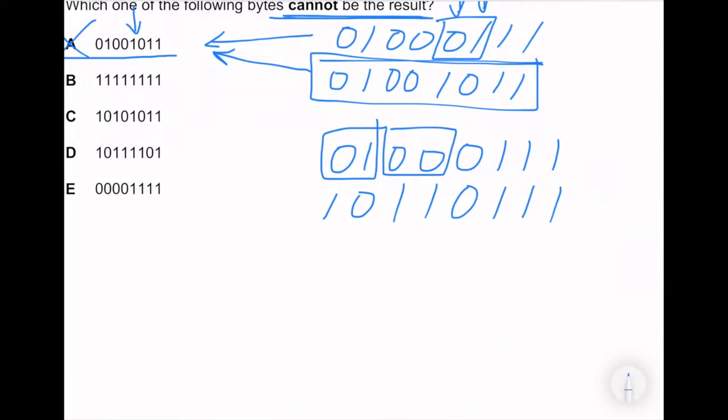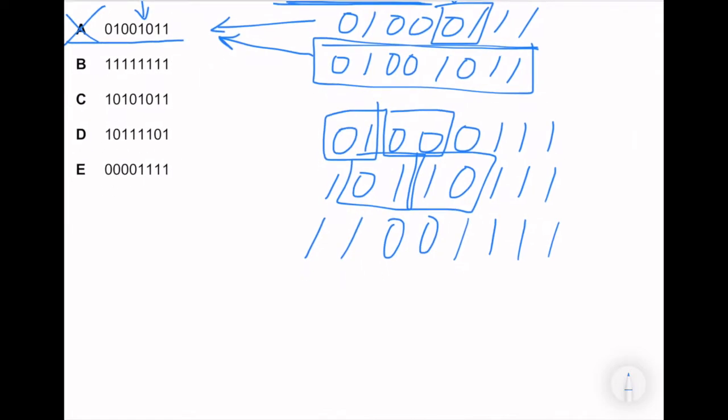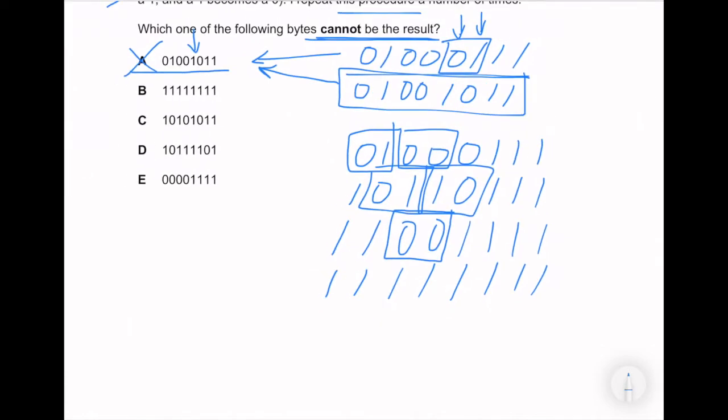So let's flip these two values, and these two values now. I'm just trying to get as many ones as possible. So 1, 1, 0, 0, 1, 1, 1, 1. Now this is easy. We have two adjacent zeros, which we can flip to 1. So we flip one more time, and we get 1, 1, 1, 1, 1, 1, 1, 1. That's it. So we can get this string. B is not the right answer.